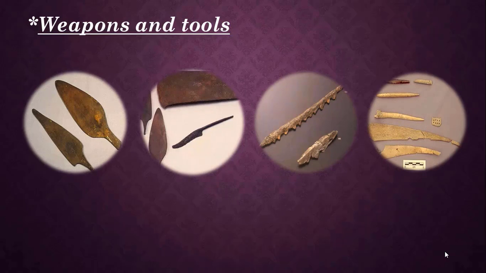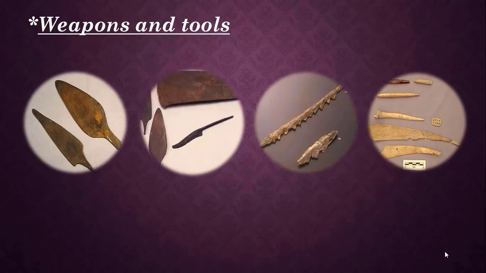These weapons include knives, spears, arrowheads, hammers, fish hooks, and needles, etc. In a region where wild animals abound, defense against animals is necessary. So it is obvious that Indus Valley people had weapons to protect themselves against wild animals.